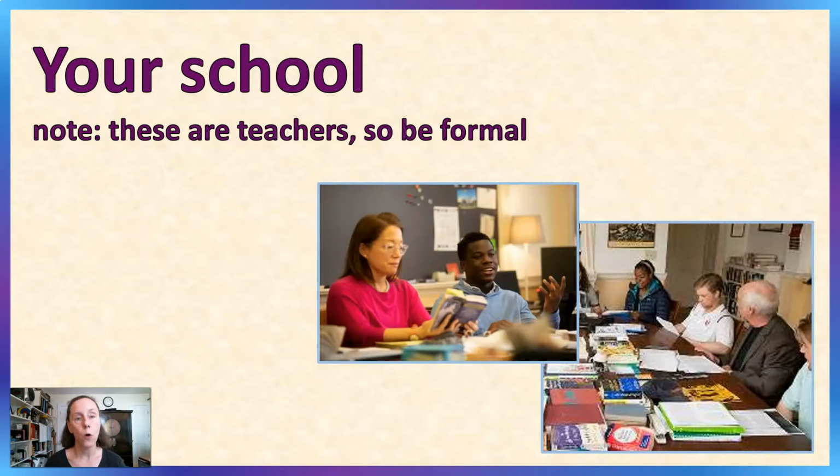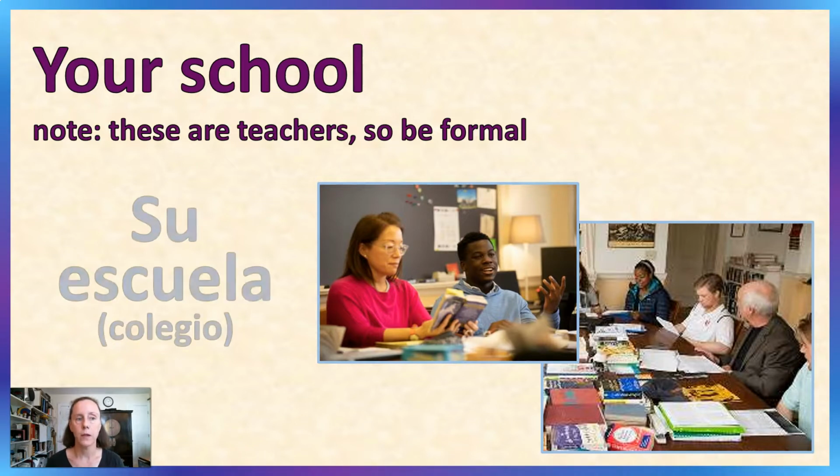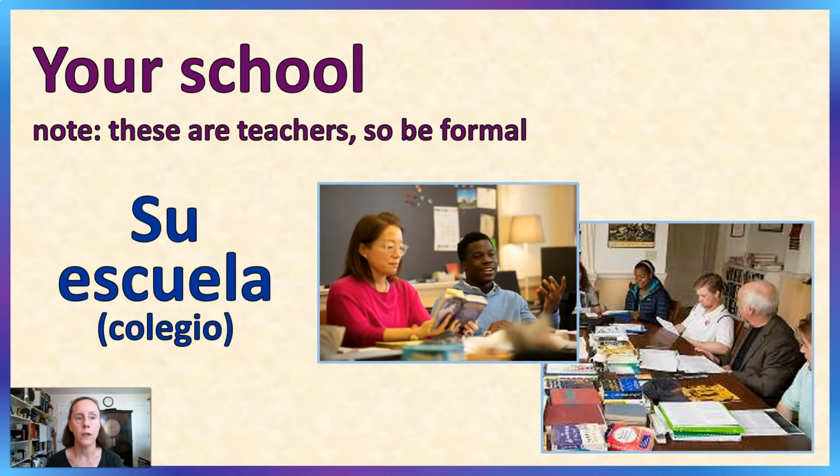Next one. Ojo, you are talking to teachers, so make sure you use the formal your. Su escuela. Ojo, there are two teachers here because there are two photos. However, school is singular, so you're going to say escuela.